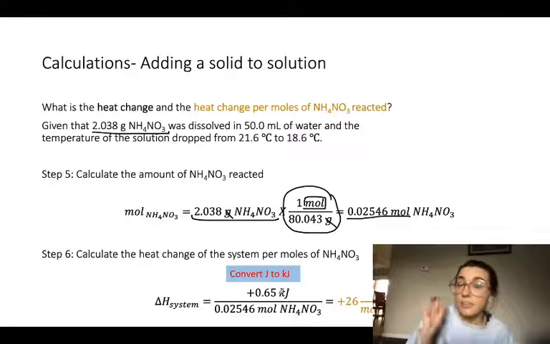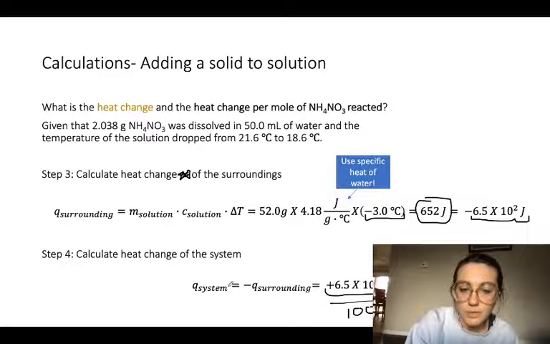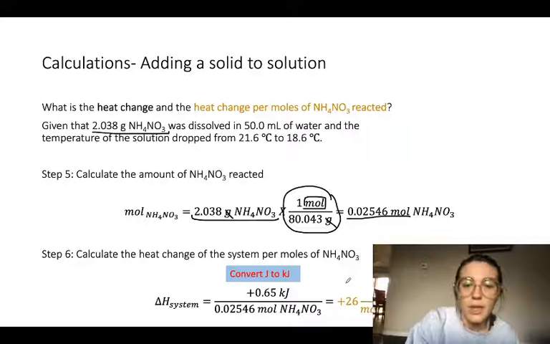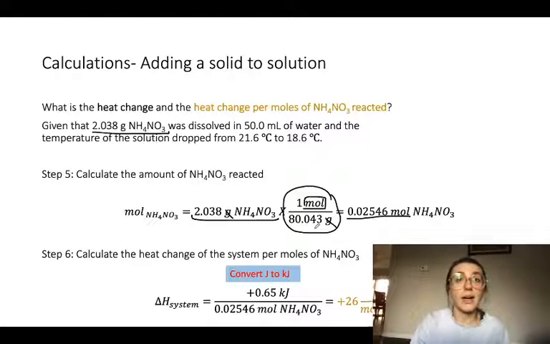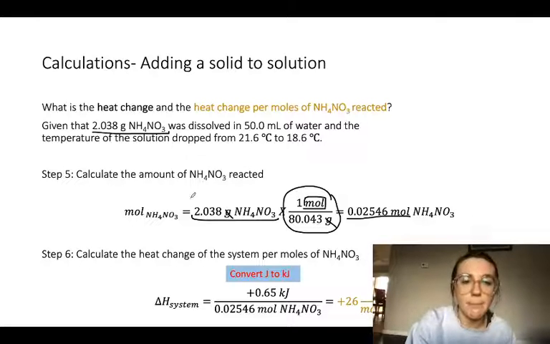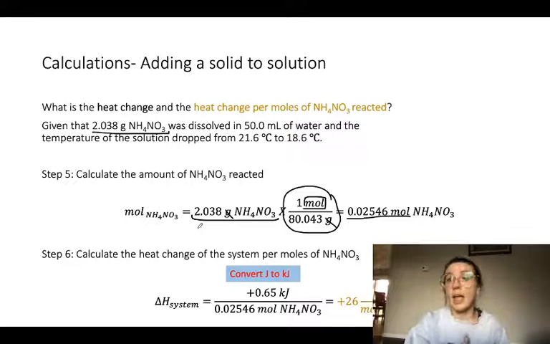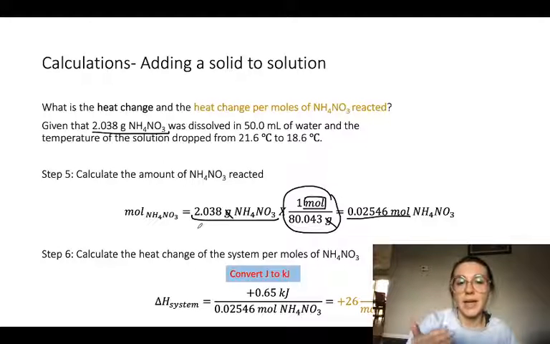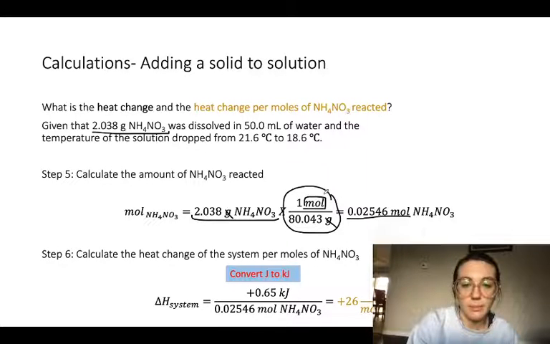That's positive 0.65, positive because we are the Q of the system, not the surroundings, but the system. And I divide that by the number of moles that I got. Remember, I got those moles by simply taking the amount that I weighed out, or were given, but in this case weighed out, and I divide it by its molar mass. And by doing that, I will get the moles, and that gives me the heat of the system.